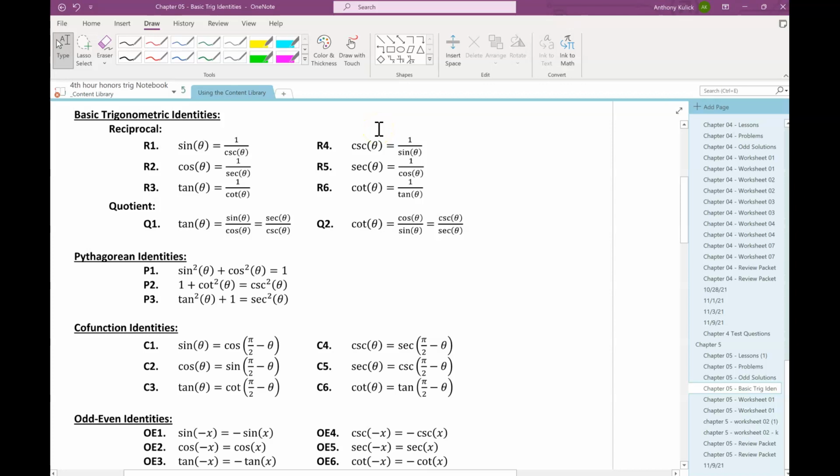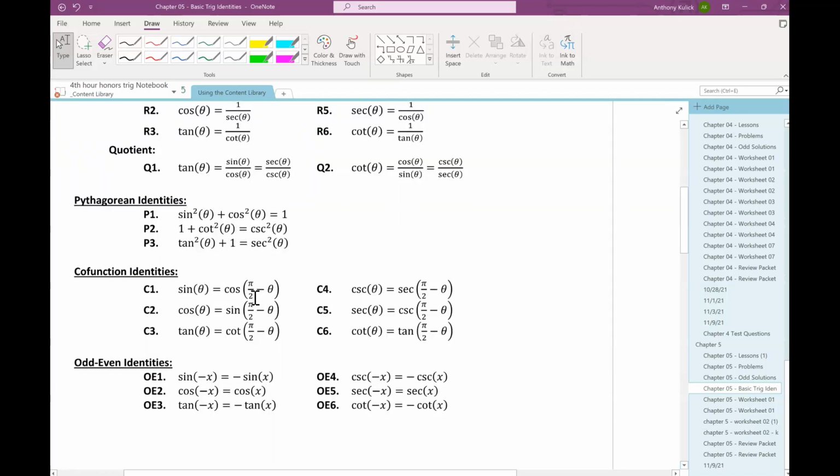Everybody's okay with that? Had I taken this first equation and instead divided both sides by cosine squared, sine squared divided by cosine squared is tangent squared, right? Cosine squared divided by cosine squared is 1. And 1 divided by cosine squared is secant squared. That's that. Okay with these Pythagoreans?